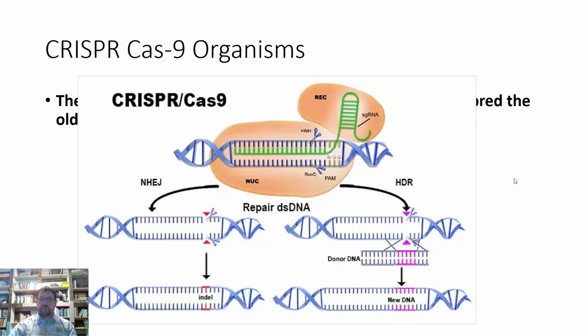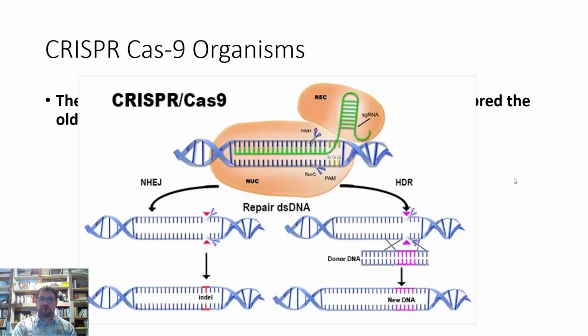But bacteria have an immune response called the CRISPR system, CRISPR-Cas9, and there are quite a few other CRISPR systems out there. Cas9 has the most information on it, but there are lots of others. This system recognizes foreign DNA and removes it.